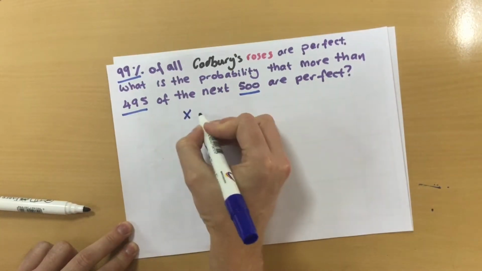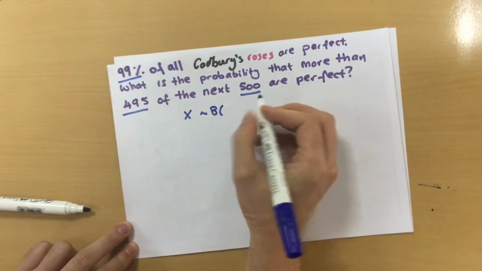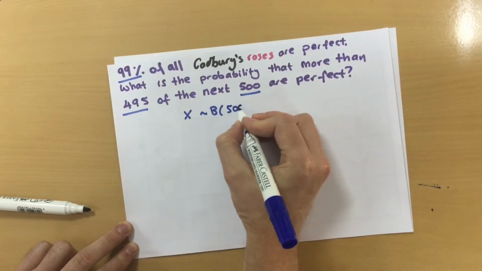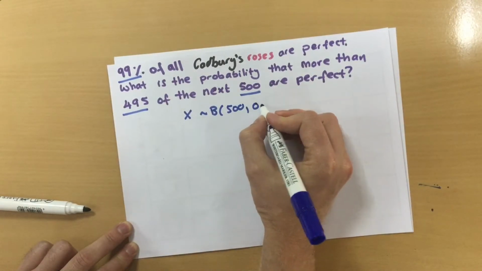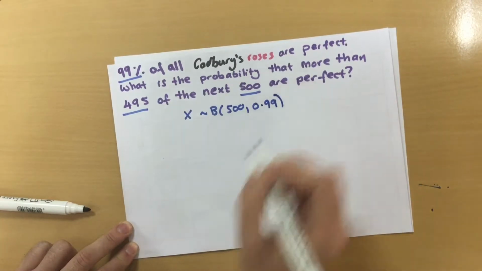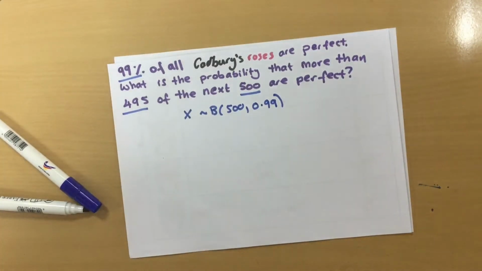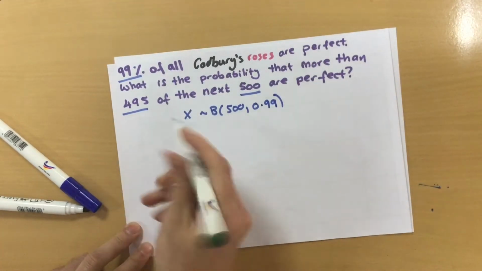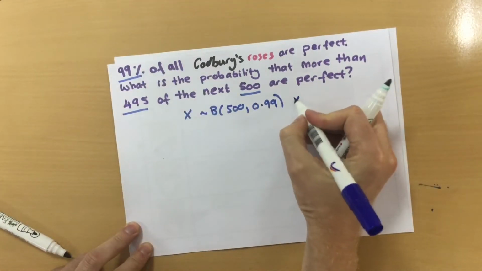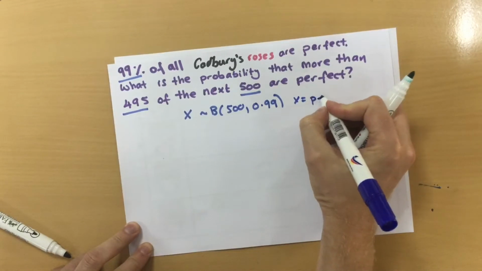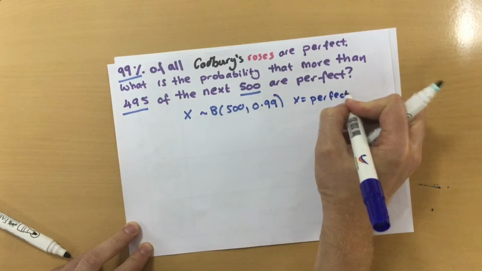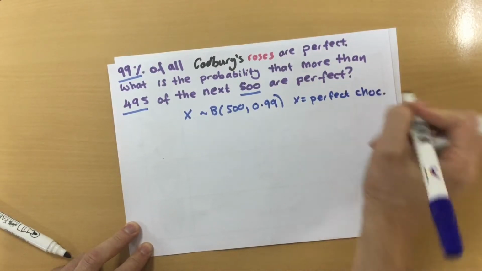So X is binomial, with 500 trials and a 0.99 chance of success, where X is perfect chocolates.